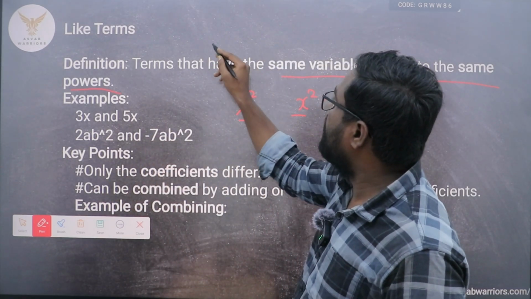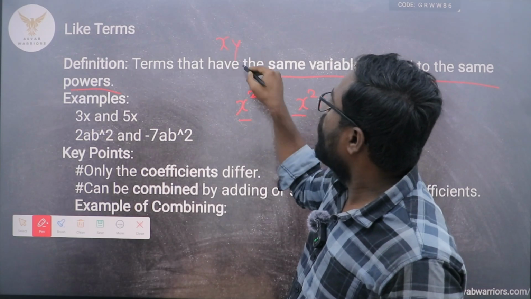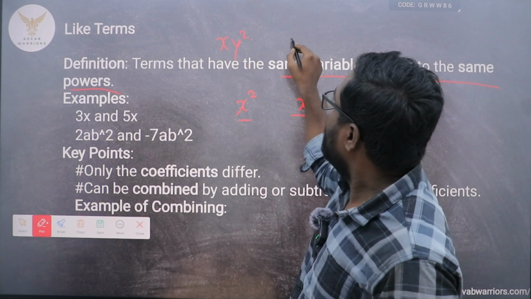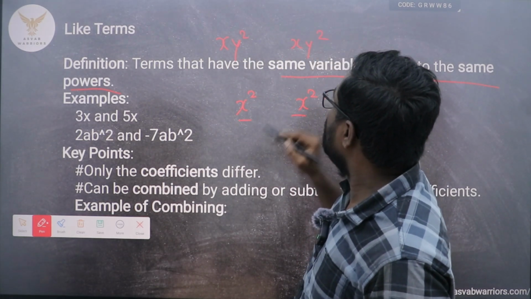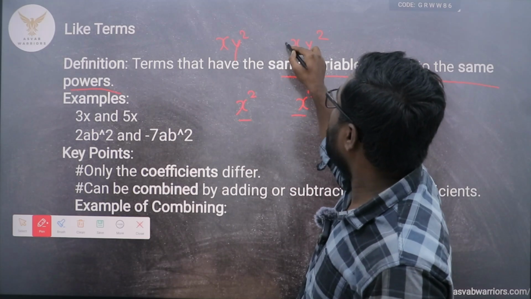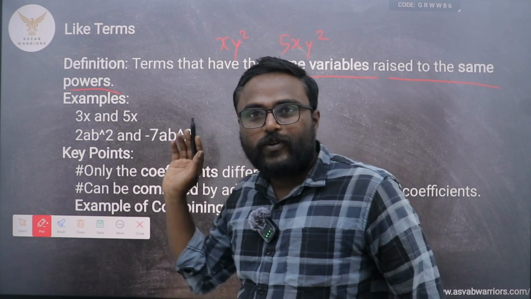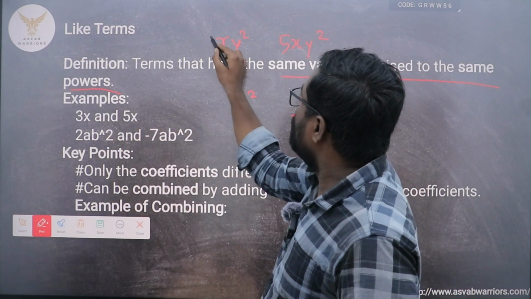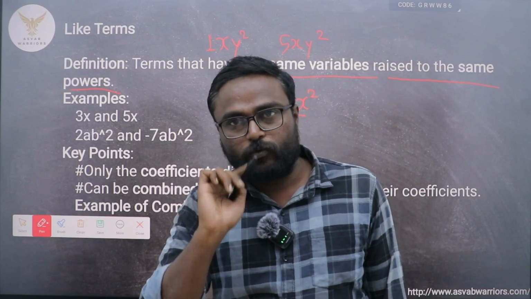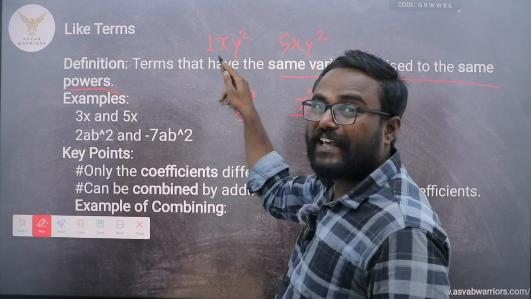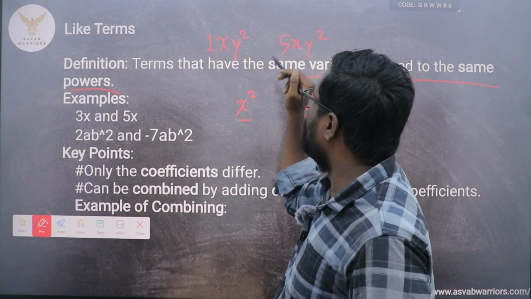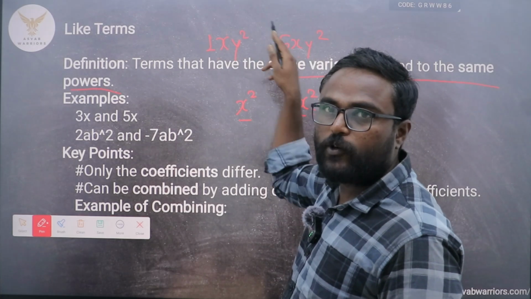Now let's say x y square and 5xy square. If there is nothing written, always remember there is 1. So same variables: x to the power 1, x to the power 1, y to the power 2, y to the power 2.